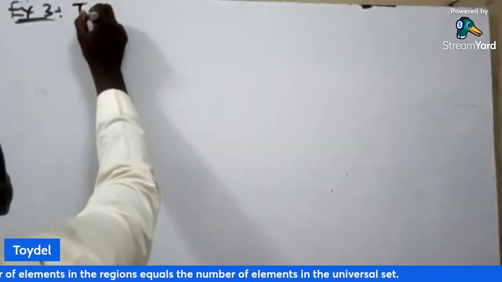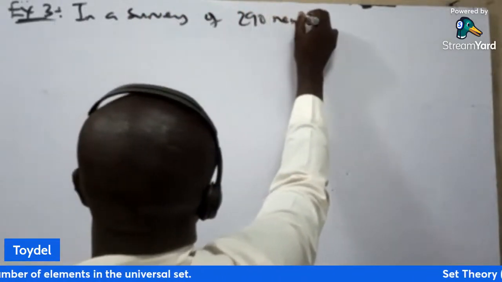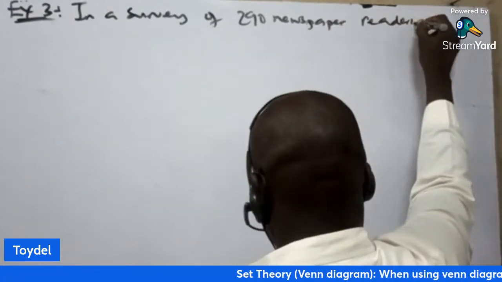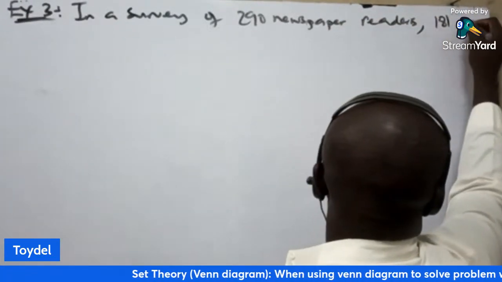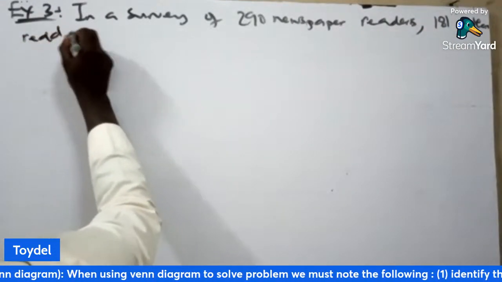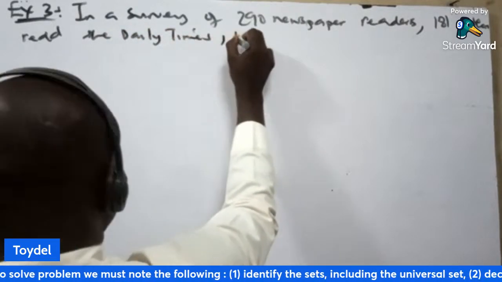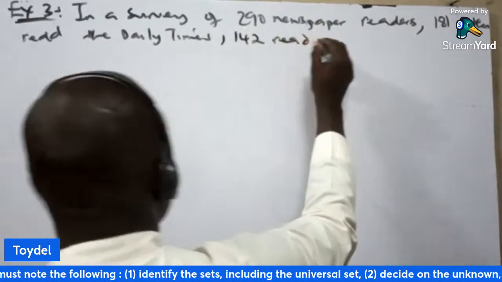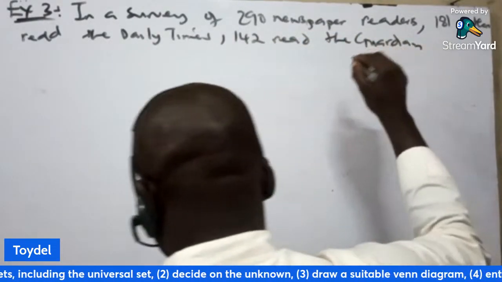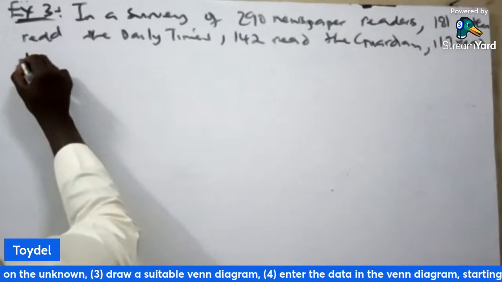So in this case now, we have in a survey of 290 newspaper readers, 181 of them read the Daily Times, 142 read the Guardian, and 117 read the Punch.